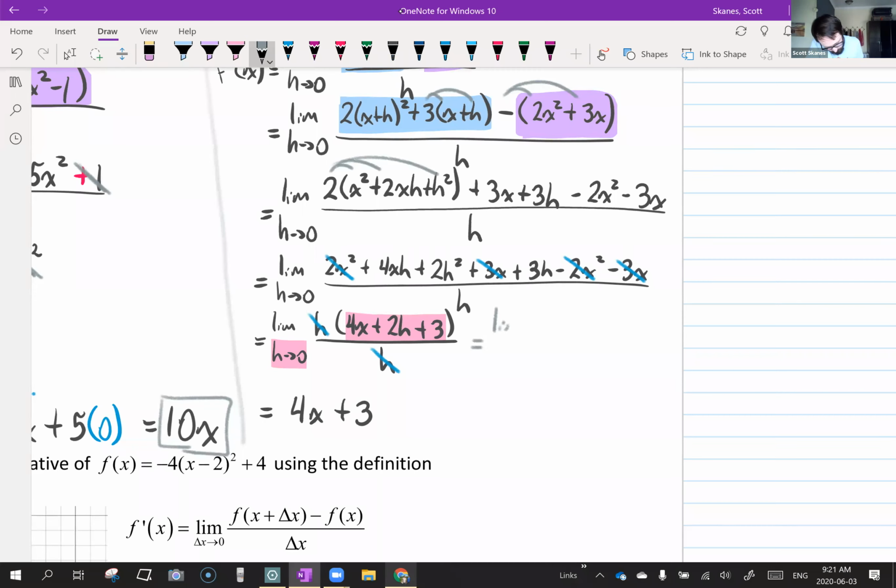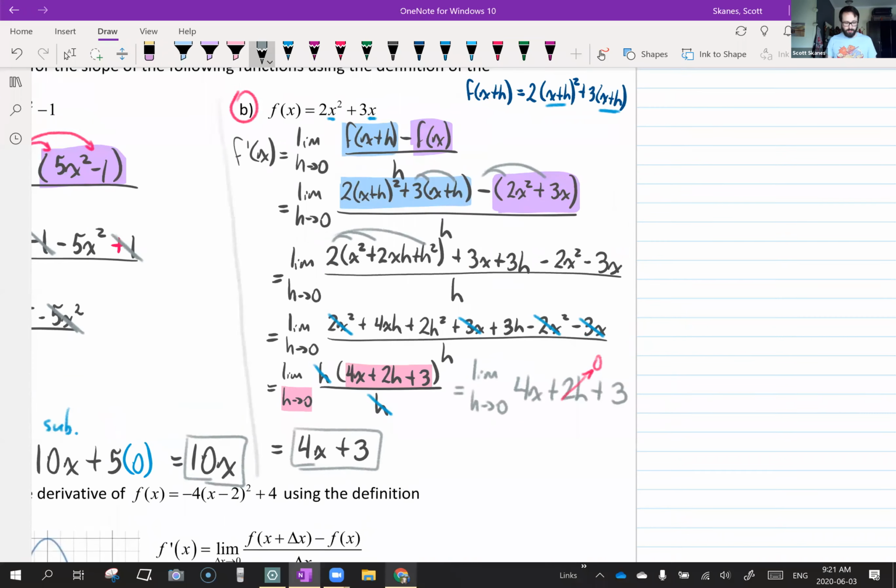It's the limit as h approaches 0 of 4x plus 2h plus 3. But really, this middle term will disappear. And this is our derivative. That is the slope function of the original. If we take this function and graph it, we can use our derivative to tell the slope at any single point. Just take a point, you'll get the slope of it.